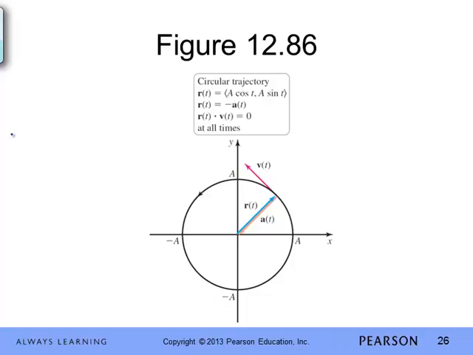The direction of R is changing, but not the magnitude of R. Okay, so the magnitude of R is constant. So that means that the magnitude of R, quantity squared, would also be some constant.